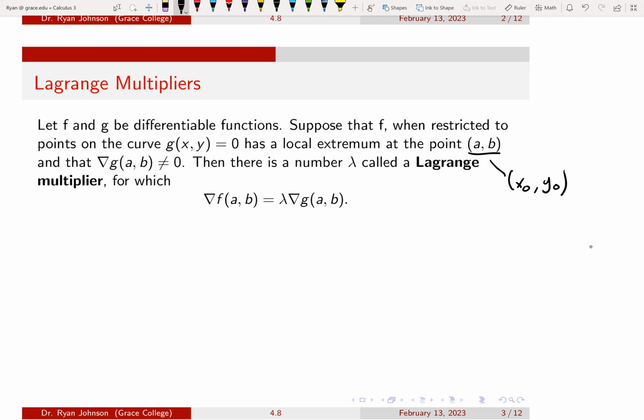If you're following along in your book, anytime I'm going to use a, b because I like to avoid subscripts when I can, but the book likes to use x0, y0. So local extreme at the point (a,b), and that the gradient of g at (a,b) is not equal to 0.